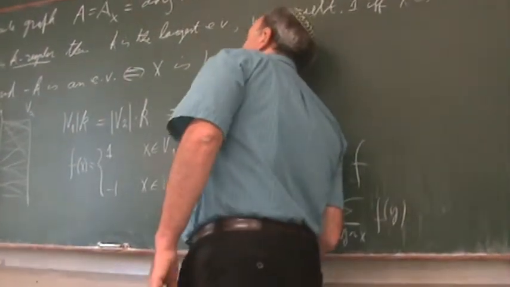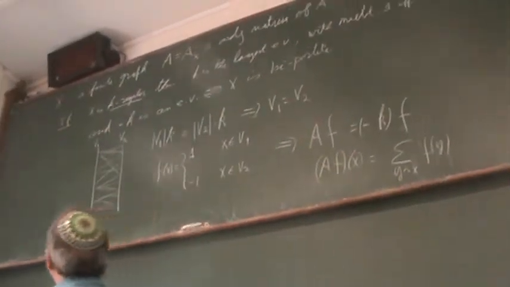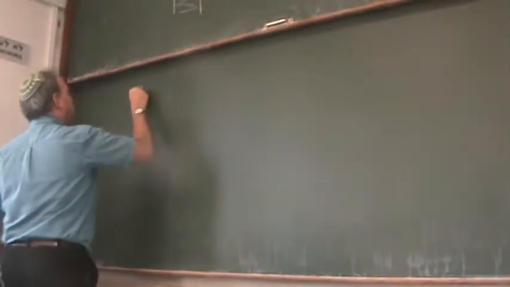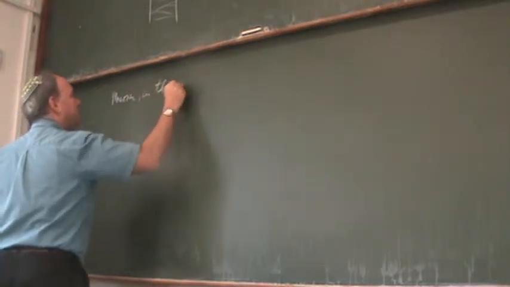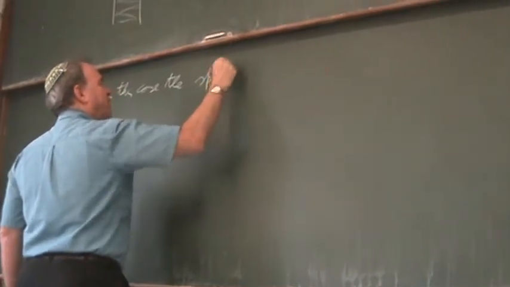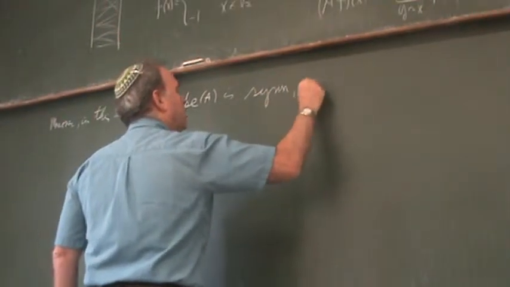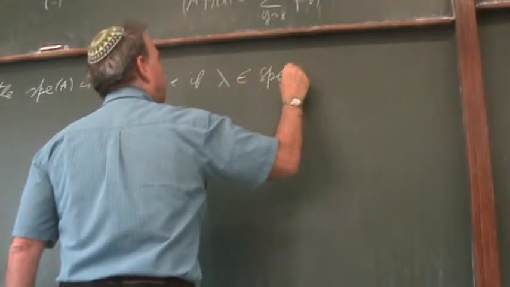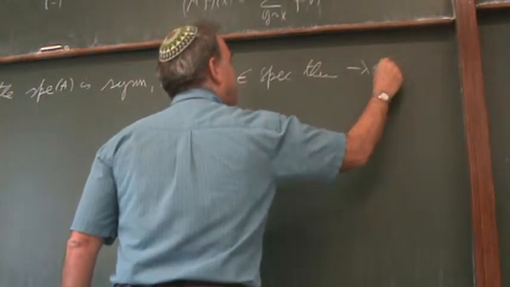Let me point out something: not only k and minus k, but moreover, the spectrum is symmetric. Moreover, in this case, the set of eigenvalues of A is symmetric, i.e., if lambda is in the spectrum, then minus lambda is also in the spectrum.